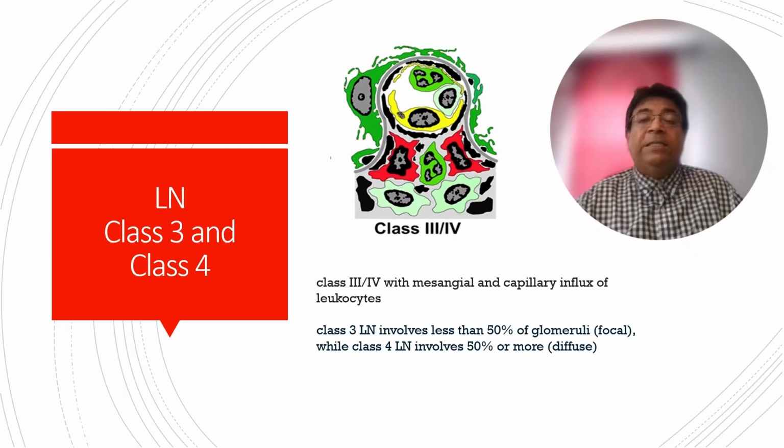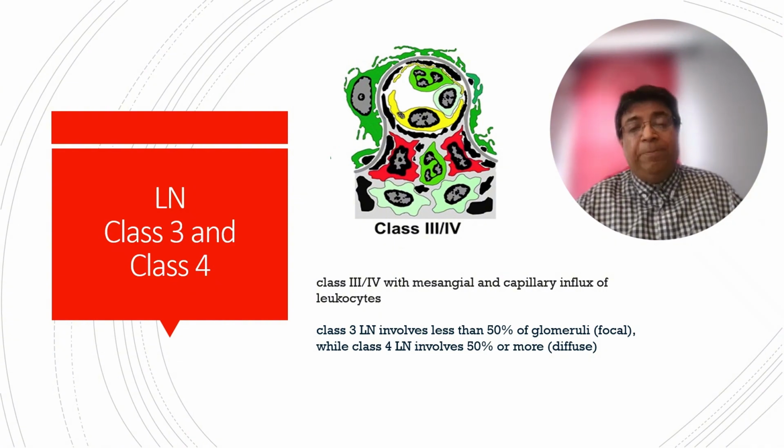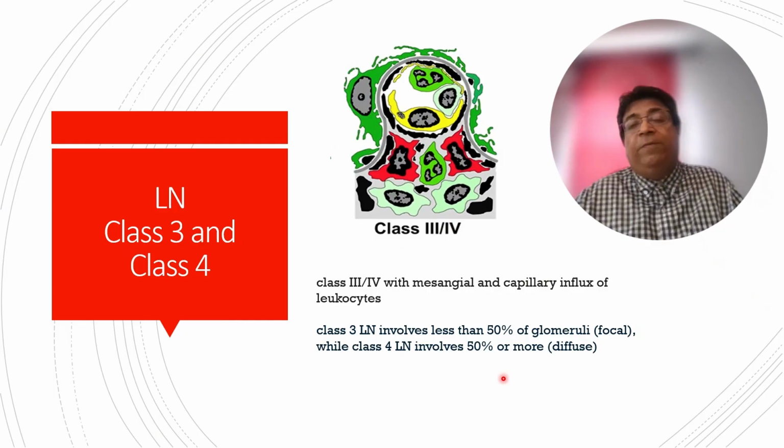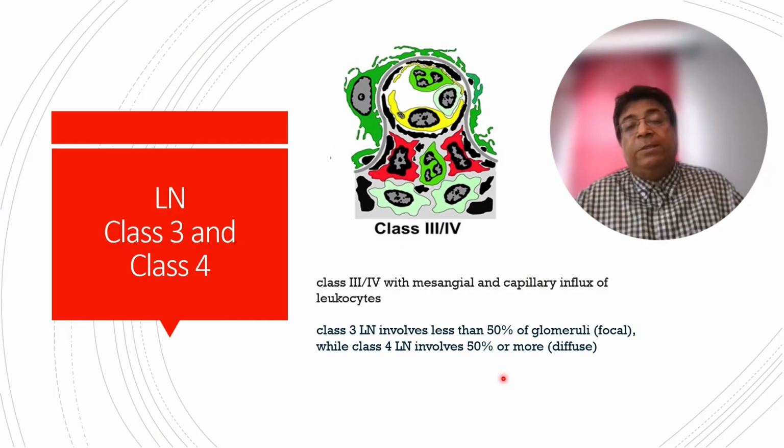Class 3 and class 4 are managed exactly the same. The only difference between class 3 and class 4 is that in class 3, less than 50% of the glomerulus is involved. So it's a focal process. And in class 4 lupus nephritis, more than 50% of the glomerulus is involved.